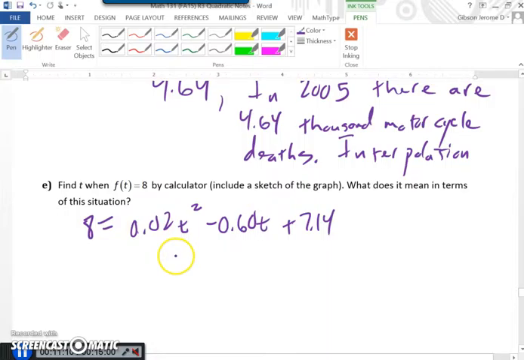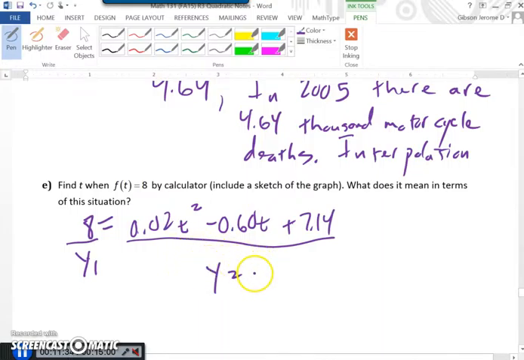Now what we want to do here, we could do one or two things. We could go through and solve for t, which would take all day. Or we could put this in your calculator. We could set this as y1, and this right here would be y2. You could put this in your calculator and basically find your intersection points.